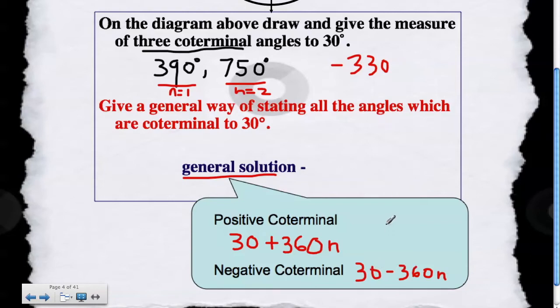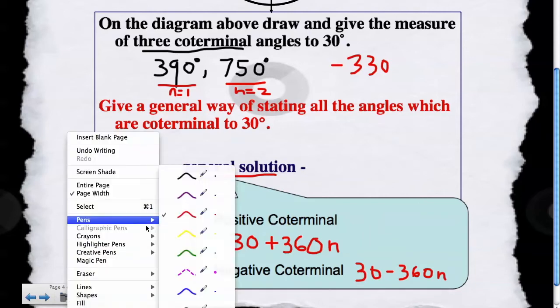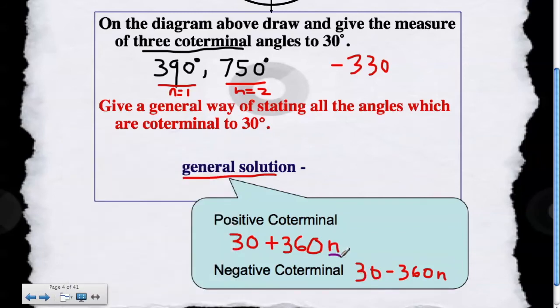Really important on these questions where you have an n: when you have this n in the question, you have to add n, an element of the integers, I, to each of the answers. Because n, the letter in my general solution, is an element of the integers, like 1, 2, 3, 4, or negative 1, negative 2, which just means the number of revolutions.